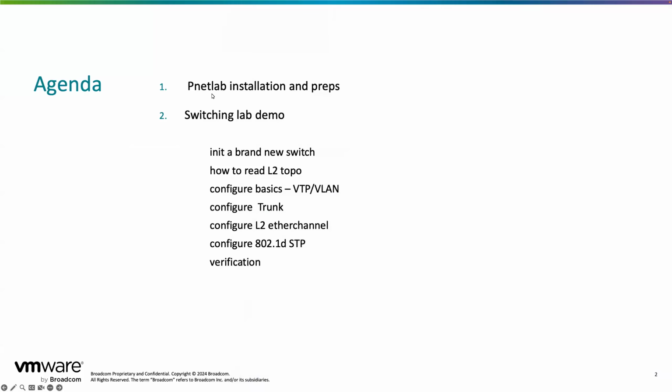The first part covers our test bed, which is PNetLab, a networking simulator. We're going to go through how to install it and how to prepare for specific lab experiments. We're also going to guide you through a real project: how to design the appropriate networks and how to configure them.